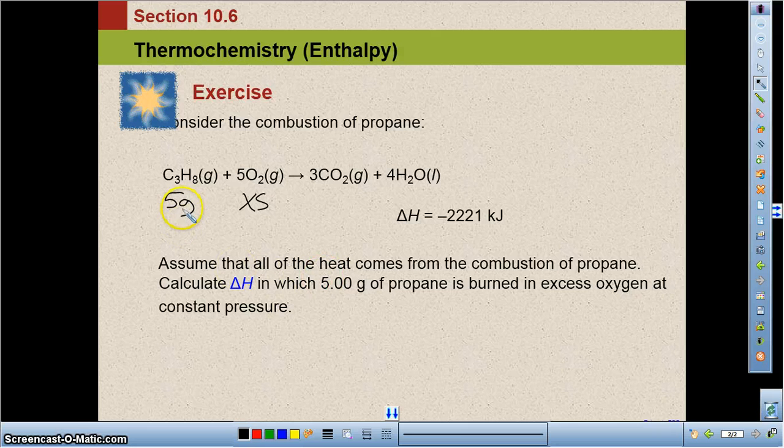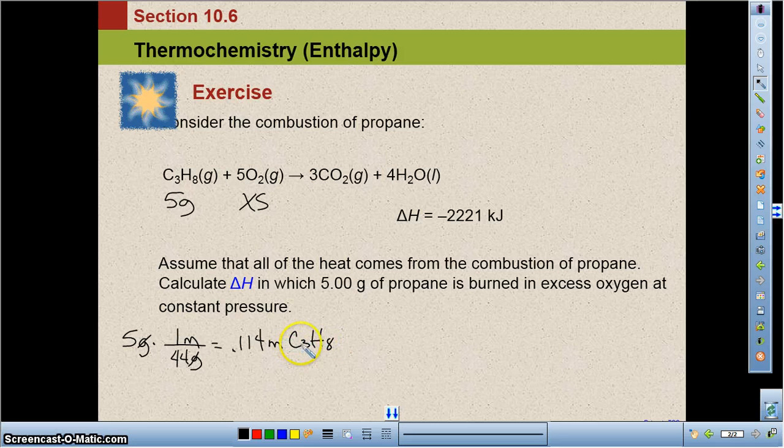The first thing we have to do, because this goes by mole ratios instead, is change 5 grams of C3H8 to moles. So we take 5 grams times the mass of C3H8, which is 44 grams per mole. We take 5 divided by 44 and get 0.114 moles of C3H8.